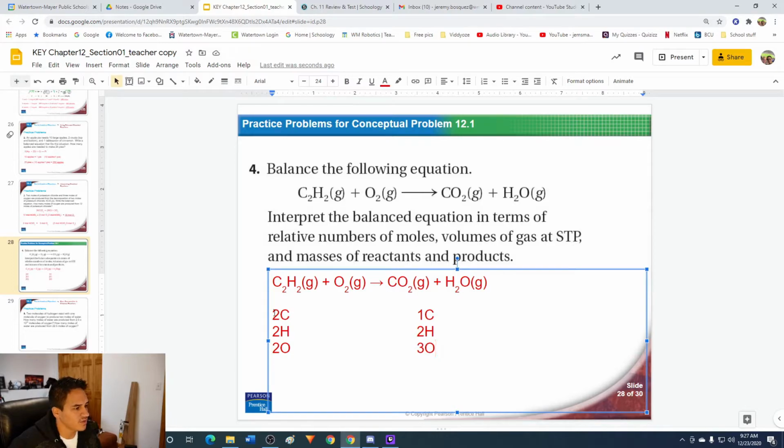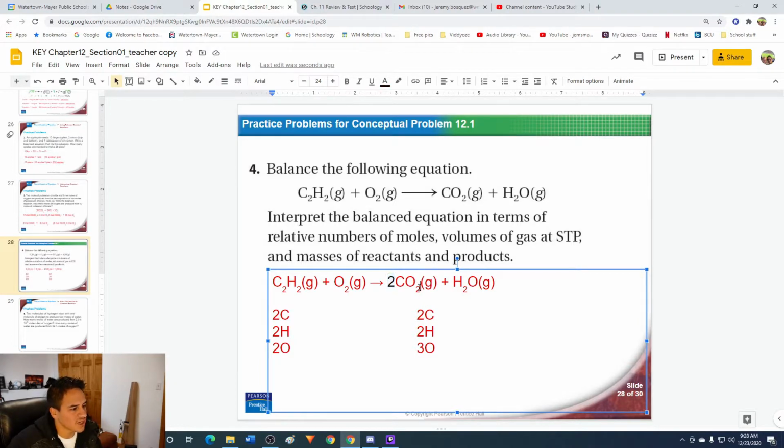Already off the bat, we can see the carbons are not balanced. So let's balance the carbons first. We're going to need to put a 2 there. That will multiply the carbons by 2 and turn this into 2. Those now are balanced. Hydrogen's already balanced, but oxygens. Now we put this 2 here.